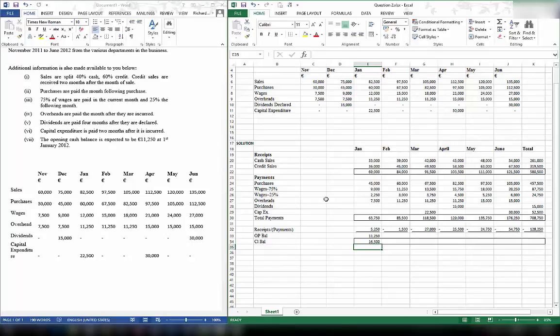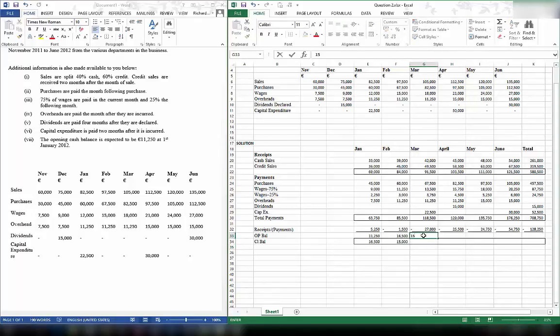And if that's our closing balance for January, it must be our opening balance for February. So in February, our opening balance is 16,500, and we paid out 1,500 more than we actually took in, which means that our closing balance was 15,000, or 16,500 minus the 1,500.